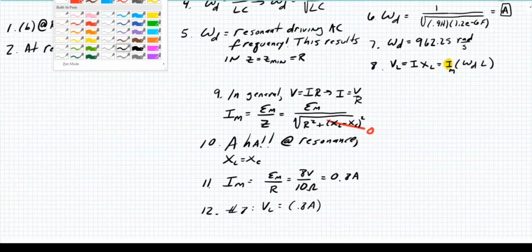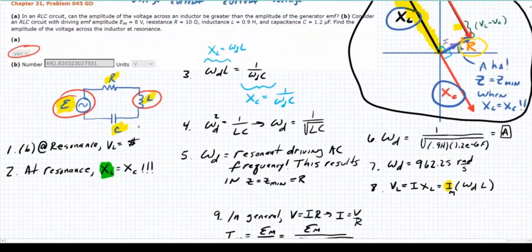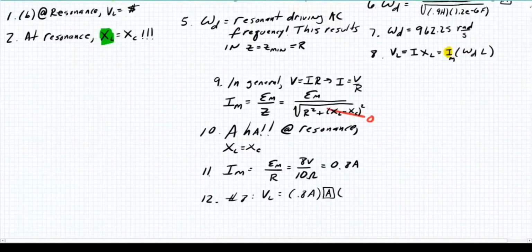And then omega D is sitting there in calculator memory location A. And the value of my inductor is 0.9 henries. So I have omega D times 0.8 times 0.9, 692 and some change.